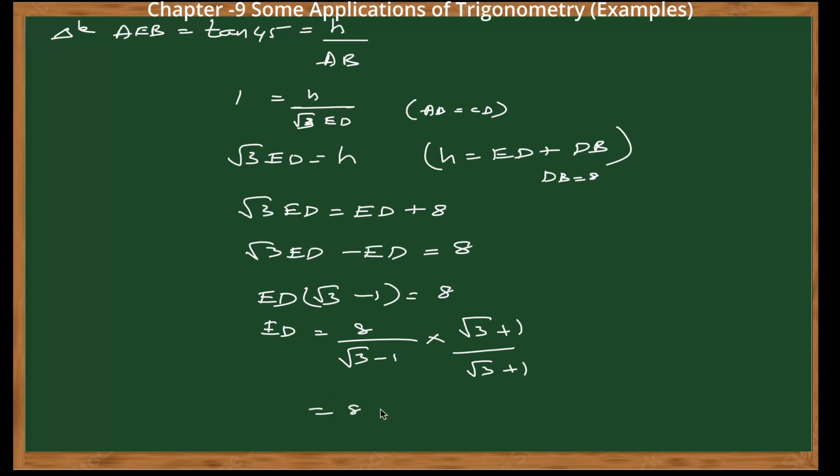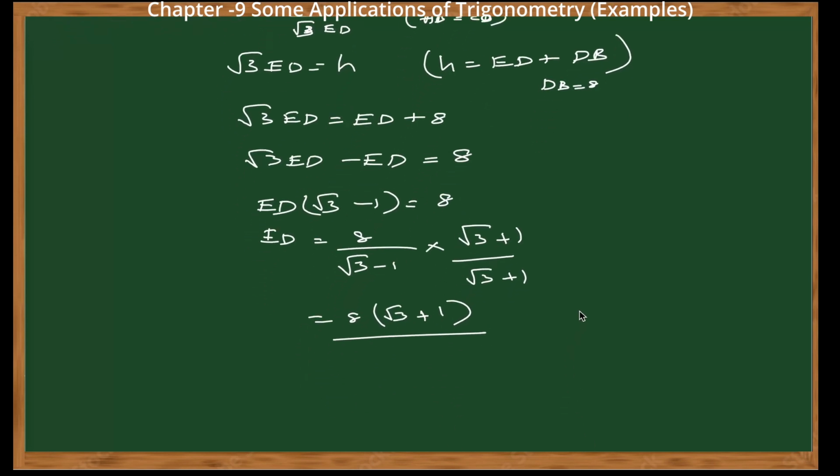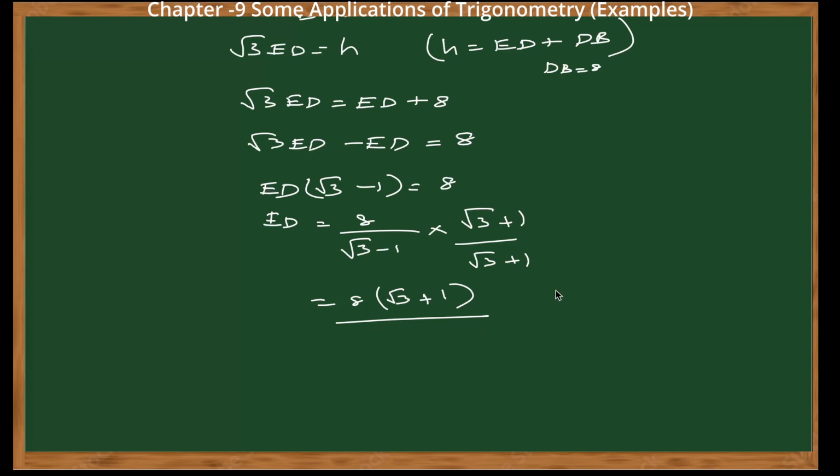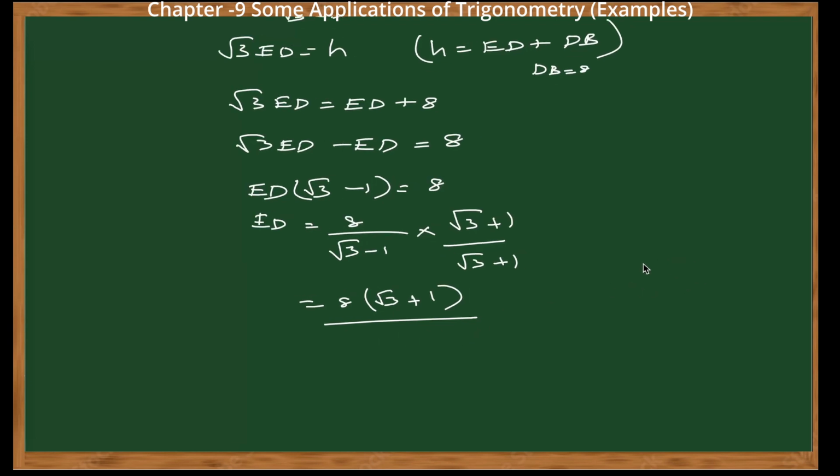So 8 into root 3 plus 1, divided by root 3 minus 1 into root 3 plus 1.